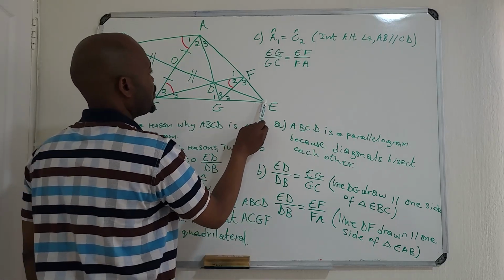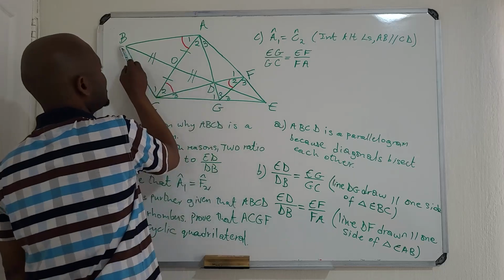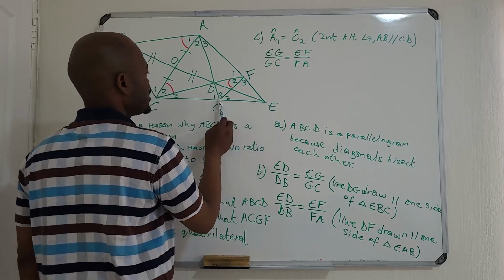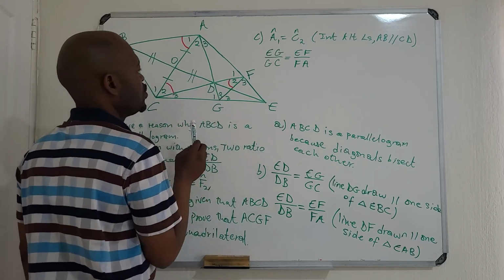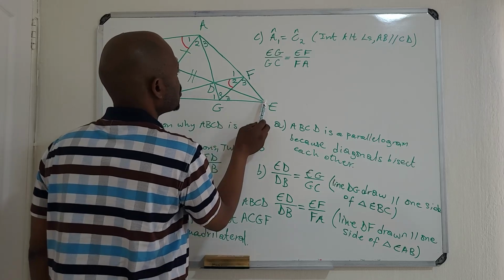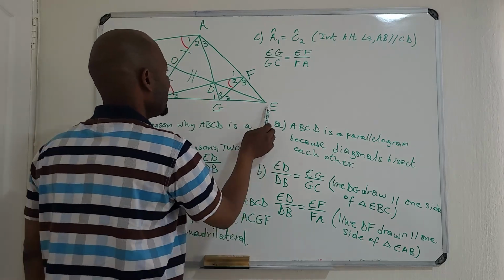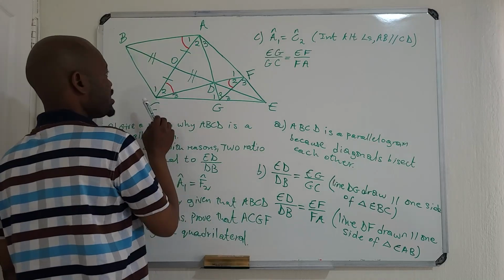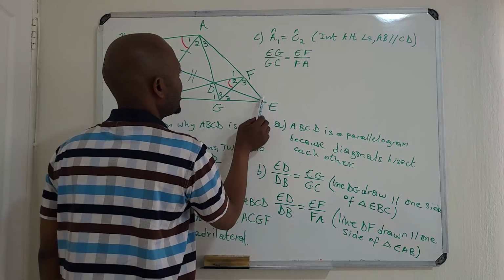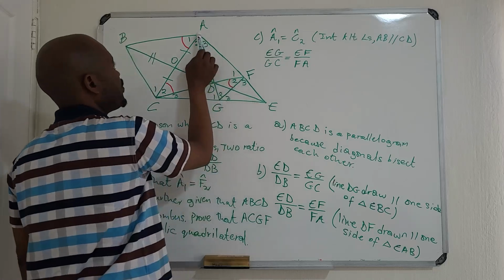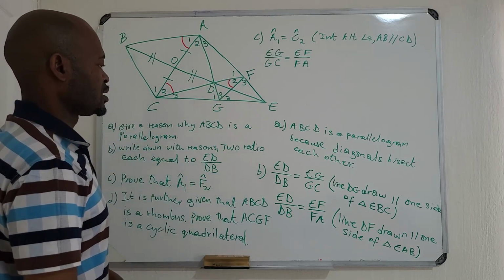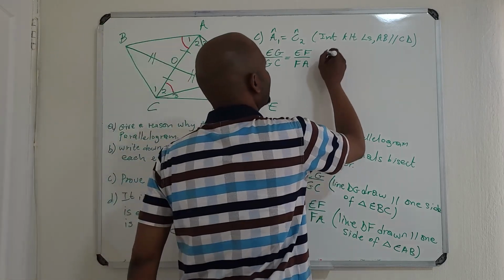Since this over that is equal to this over that, which is also equal to this over that, it means that this over that is equal to this over that. That's what it means. Proved.